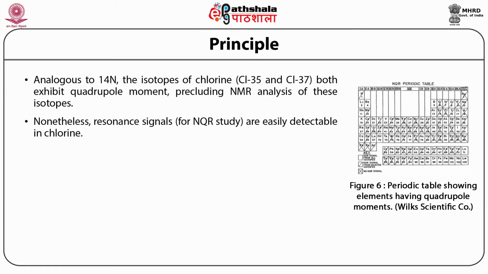So the figure, which is shown in the next slide, depicts NMR and NQR, wherein the energy levels are drawn for a nucleus having a spin quantum number of 3 by 2.